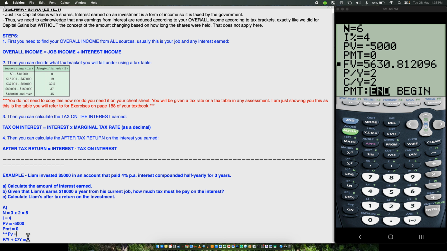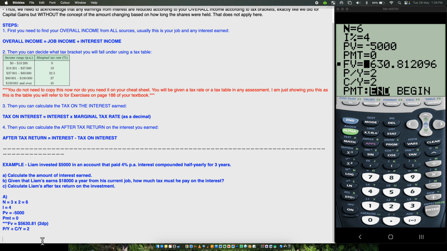So that tells me FV is going to be 5630.81 rounded to 2 decimal points. So how much interest? Interest is $630.81. Why? Because they put in $5,000 in the first place.